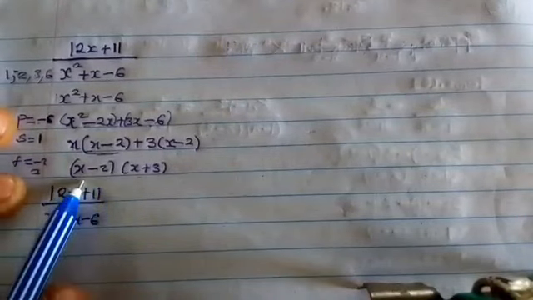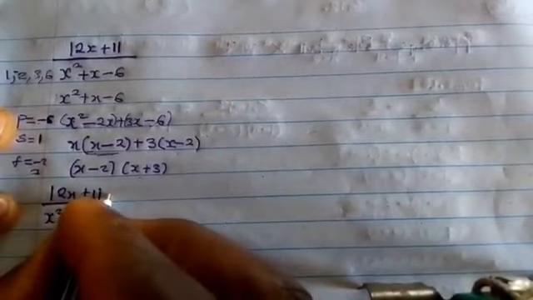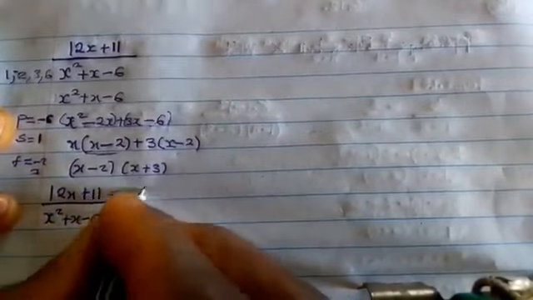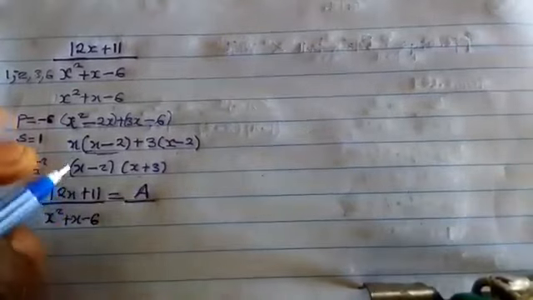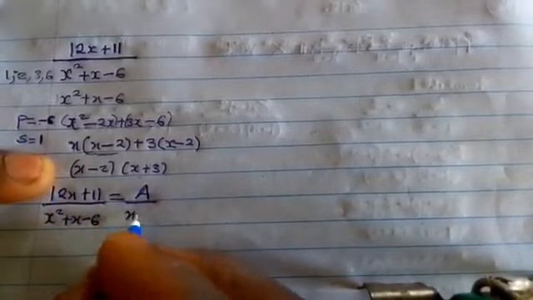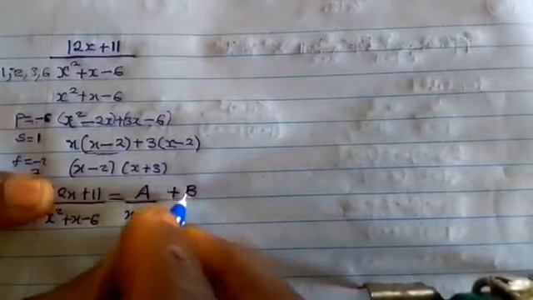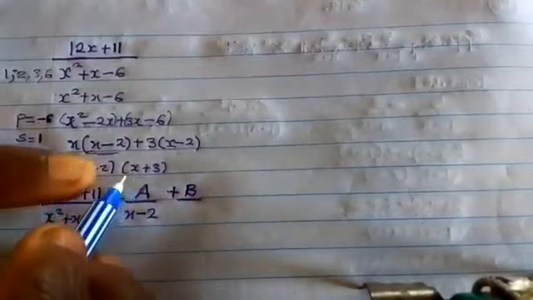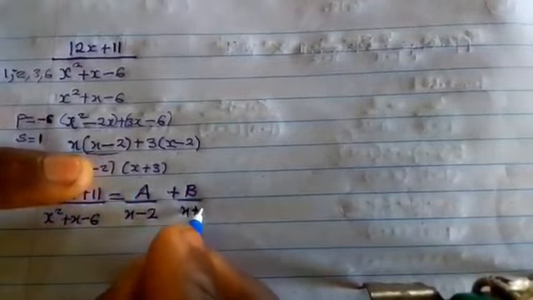We only have 2 linear factors, which means this is equal to A over the first linear factor, x minus 2, then plus B over the next linear factor, x plus 3. So let's do the substitution.